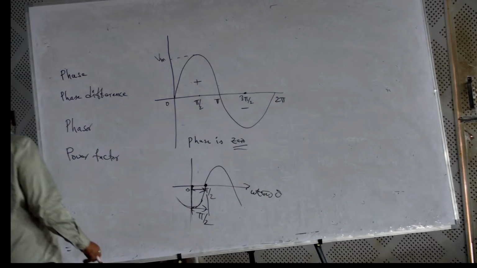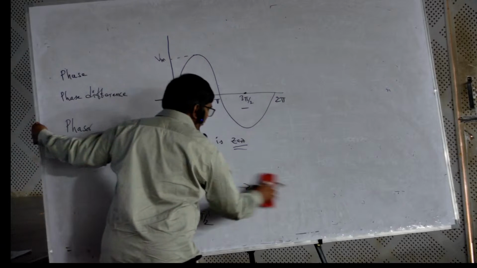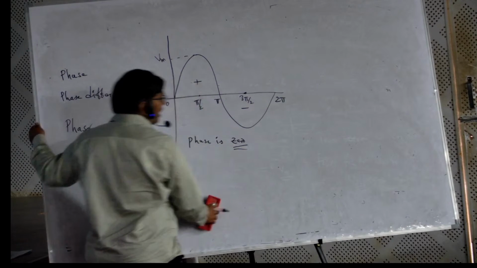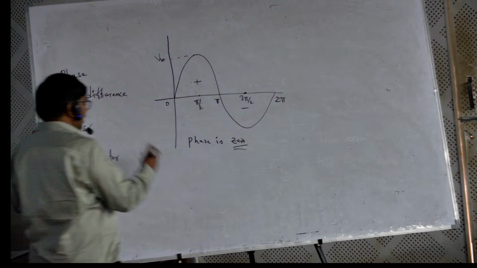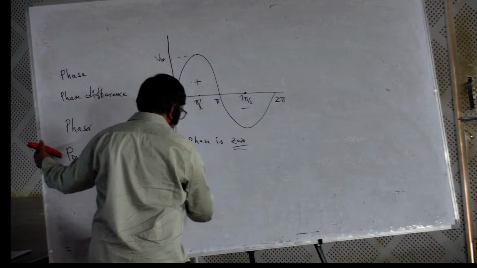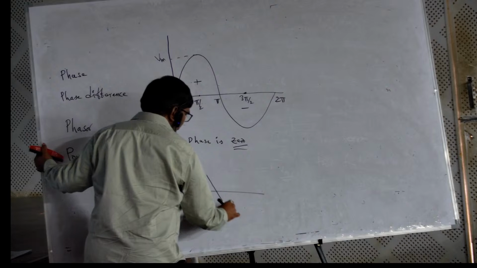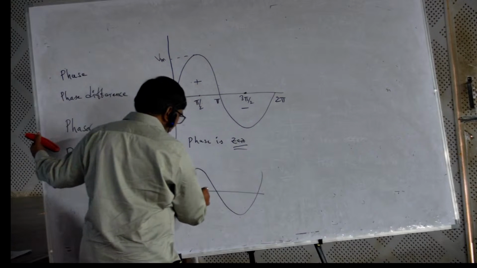Now phase difference means the difference of phases of two waveforms. For example, here I have one waveform and I am drawing another waveform.